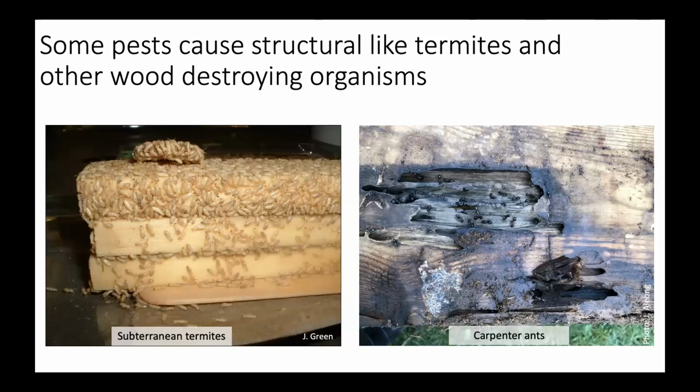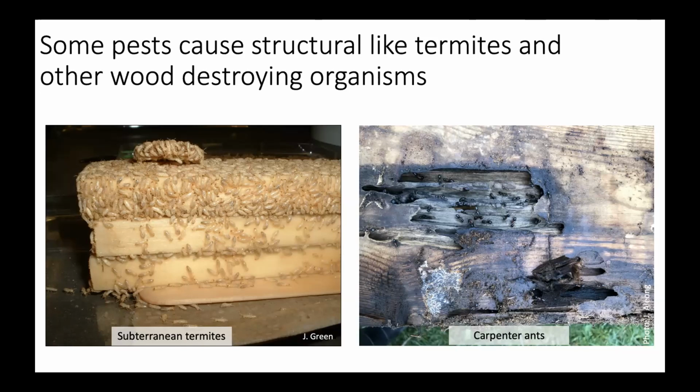Some pests cause structural damage. We call these wood destroying organisms. There are a bunch of different beetles, powder post beetles and whatnot, but two main ones that we see in the garden and sometimes getting into our home are termites and carpenter ants. Often this starts with some type of moisture issue when there's wood on soil or grade.